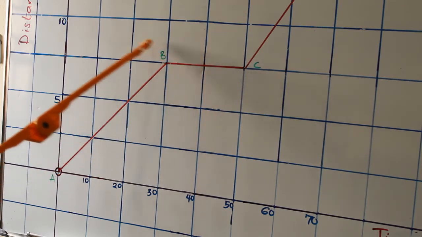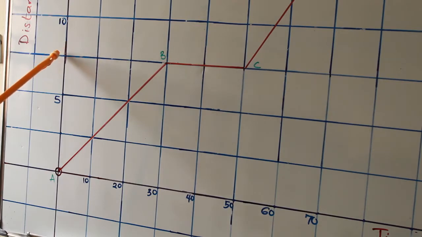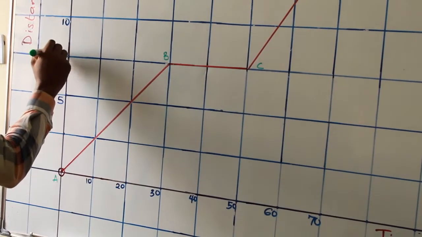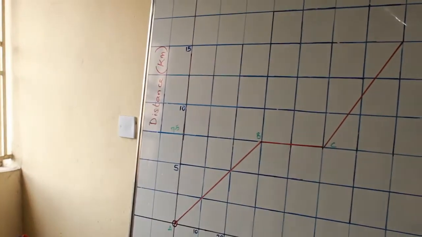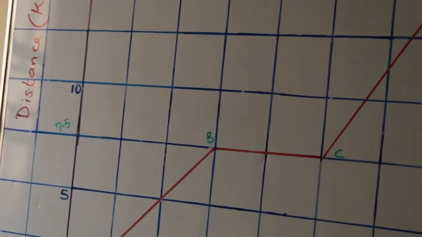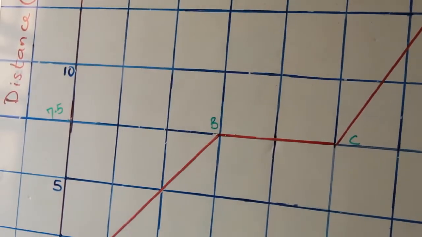Tracing it back to the distance axis, we have halfway between 5 and 10 kilometers. Halfway between 5 and 10 kilometers is 7.5 kilometers.